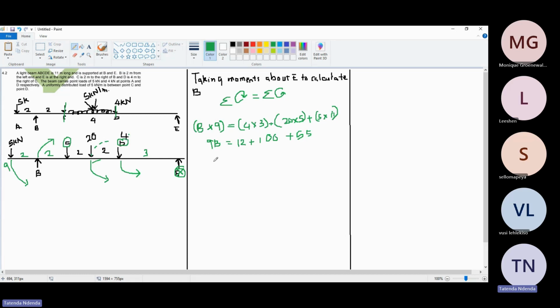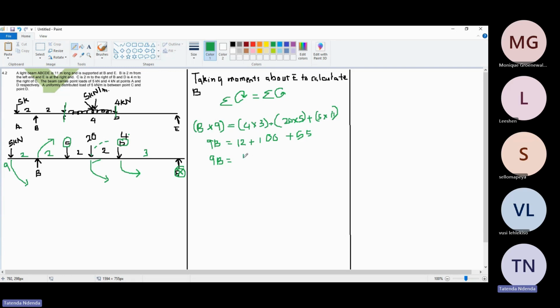So 9B is equivalent to this plus this: 155 plus 12, that's how much?